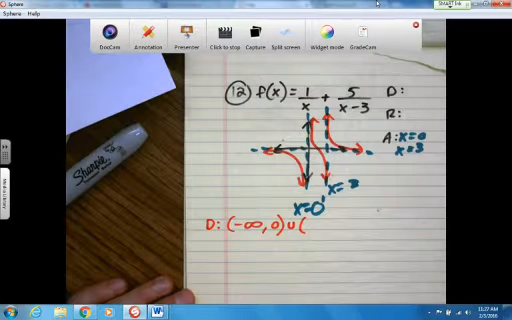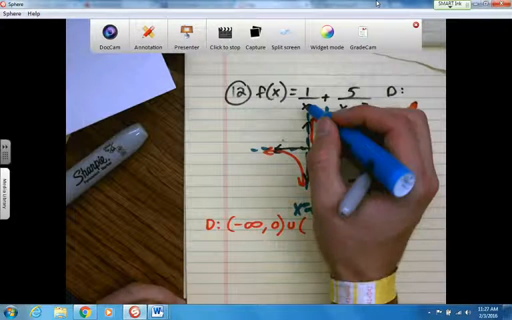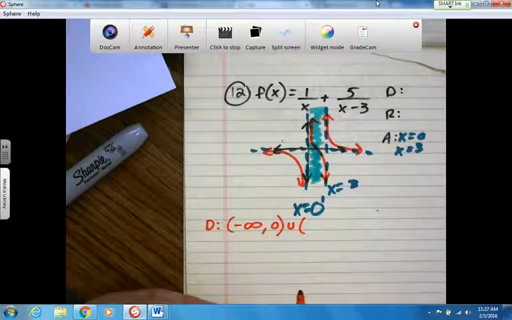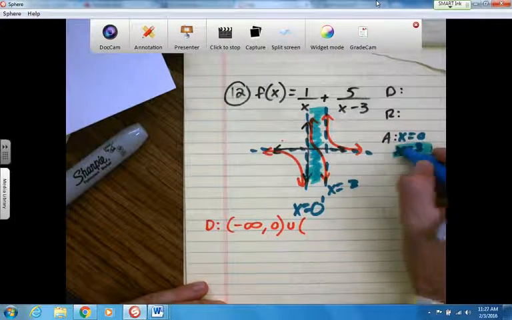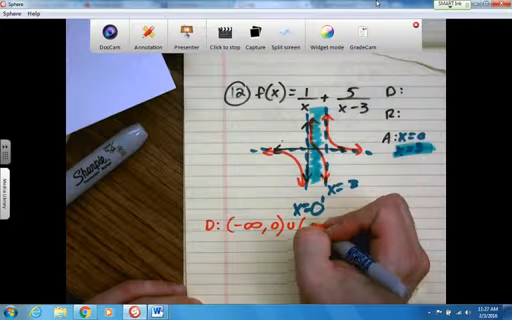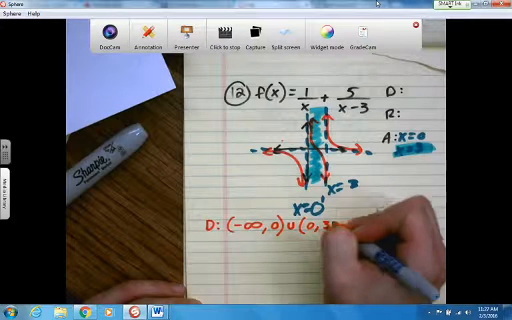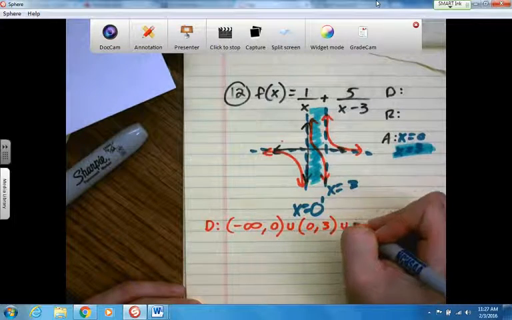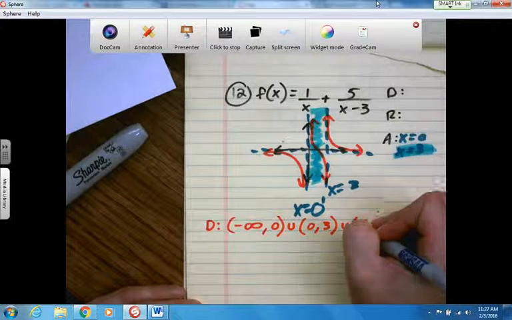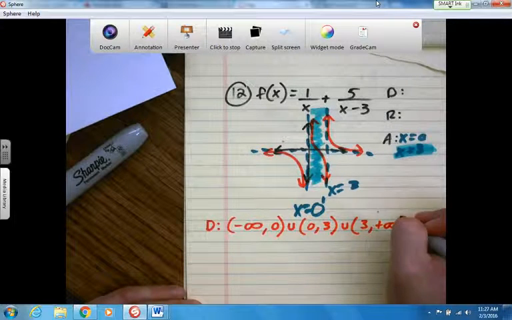It stops at, yep, so I've got to do this break in the action. Just this spot, and I know it's going to stop at x equals 3 because that's signified as an asymptote. So I'm going to go 0 to 3, not include 3 again, and then union, and then now this part, finish it out, Pelman. 3 to positive infinity. Nice job. Okay, so that's my domain.